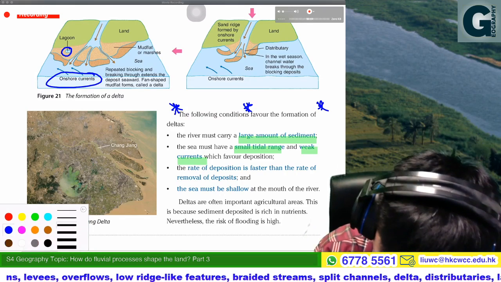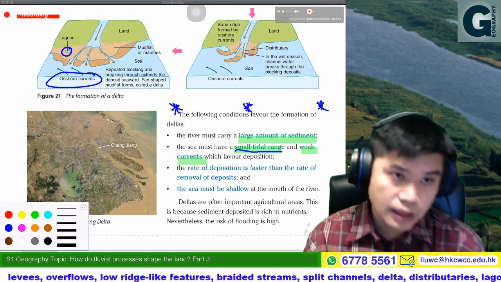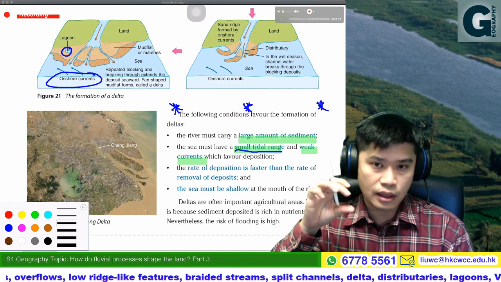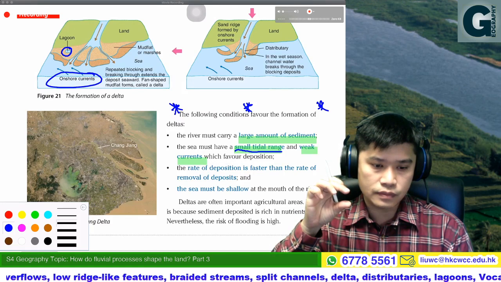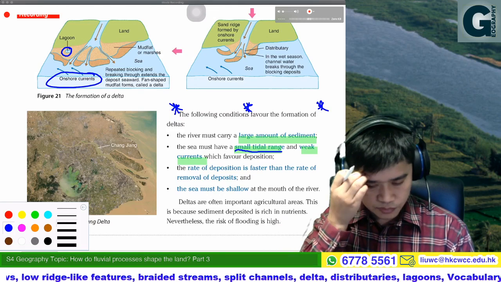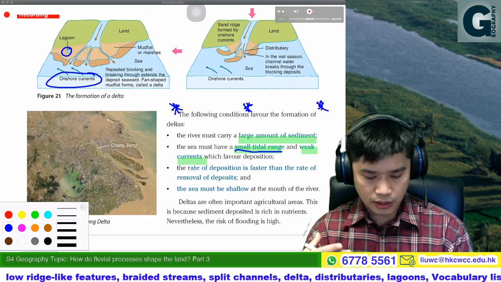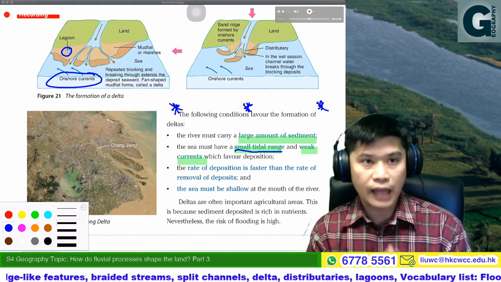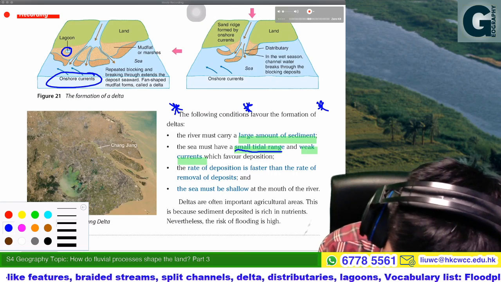There must be a small tidal range, 一定要有一個好細嘅潮汐嘅差距, because that makes deposition at the river mouth easier. And also there must be a weak current.